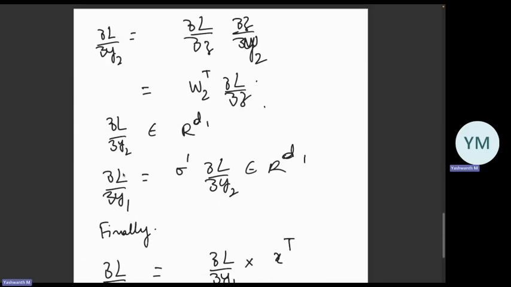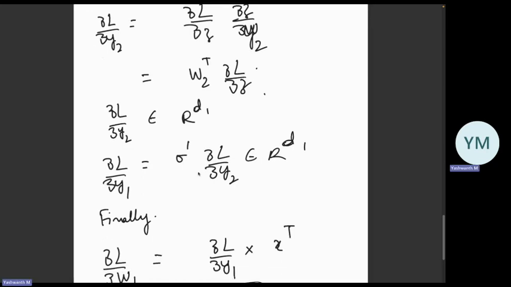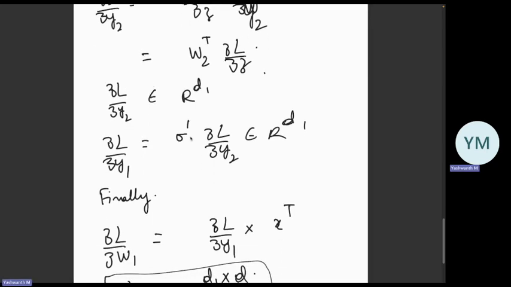So dL by dy1 is nothing but the derivative of the activation function times dL by dy2. When the gradient is passed through an activation function, the dimensions are not changed, and it is an element-wise operation, because the activation function is applied in an element-wise fashion to a vector. It takes different forms when the activation functions are different. For ReLU, it is different. For sigmoid, it is different. For tanh, it is different.